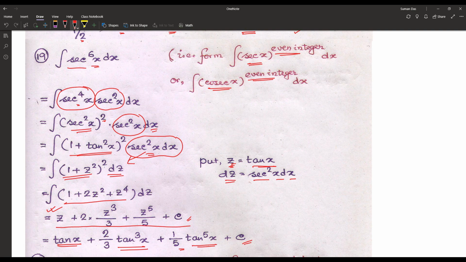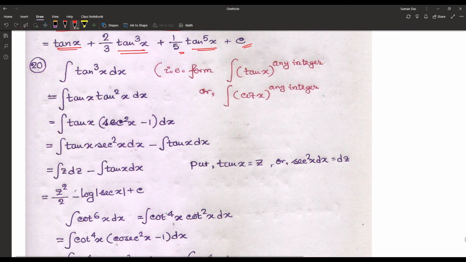So let's check another form. Now the form is not sine, not cos, not sec, not cosec, but based on tan x and cot x: tan x whole to the power any integer, and also cot x whole to the power any integer. What happens?